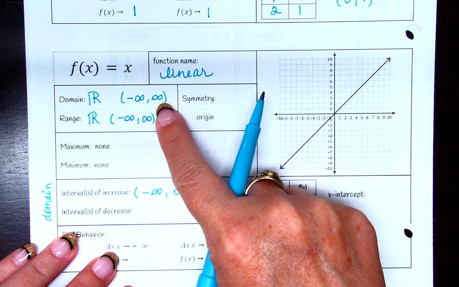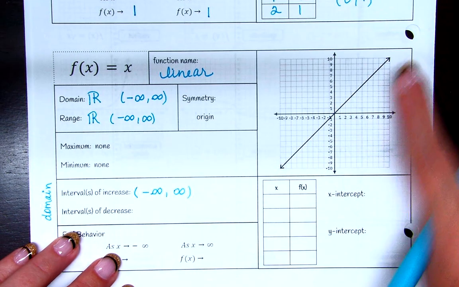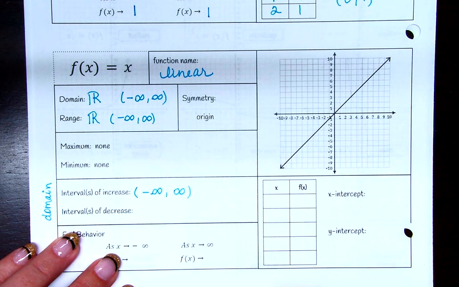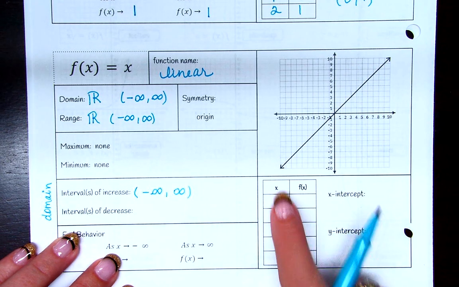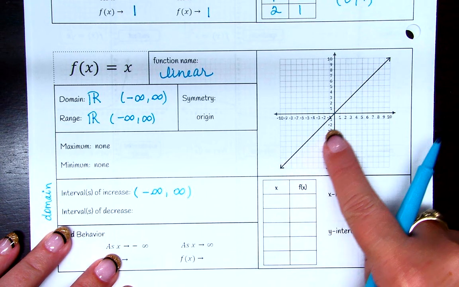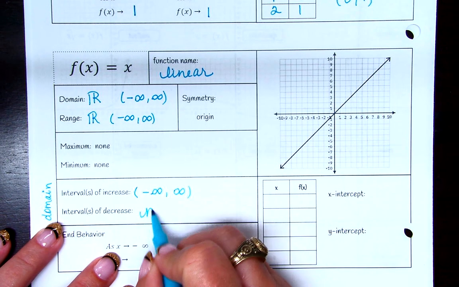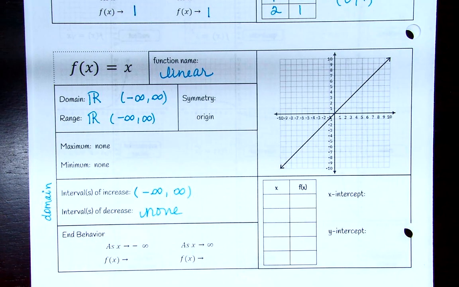Isn't that the domain? So if it's increasing everywhere, where is it decreasing? If it's increasing everywhere, it's decreasing nowhere. That's correct. So it's not decreasing at all.